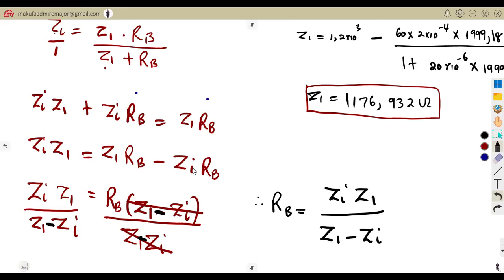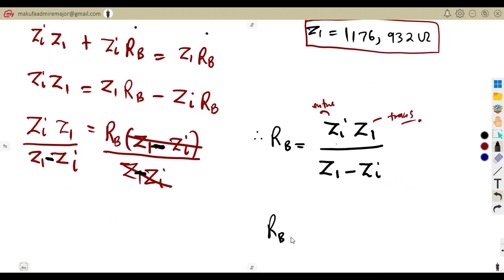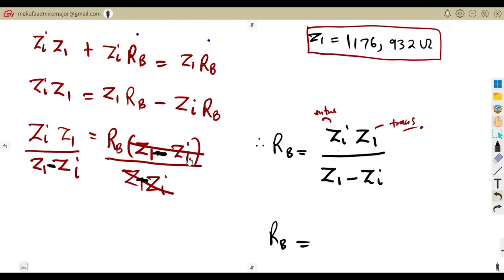Hopefully you also figured out, as you're making the subject, how that is possible: there's a bracket, divided by the bracket, so that's a minus there. Remember, Zi is for our entire stage, and Z1 is for the transistor only. So we have everything. What is our Zi from the information that we were given before?